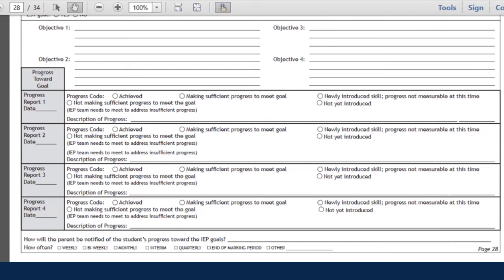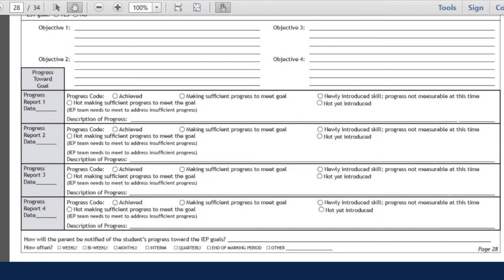But in that case, even if it's during the year, maybe halfway through the year, they achieve the goal. That doesn't mean get rid of it. That means it should probably, most of the time, be advanced. Now, most of the time, the feedback you will get on your progress is "making sufficient progress to meet the goal."